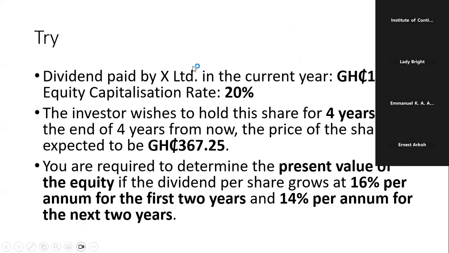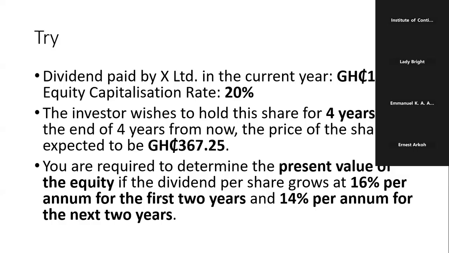Dividend paid by X Limited in the current year is 15 Ghana cedis. The equity capitalization is 20%, which is a return on equity. Investors wish to hold this share for 4 years.